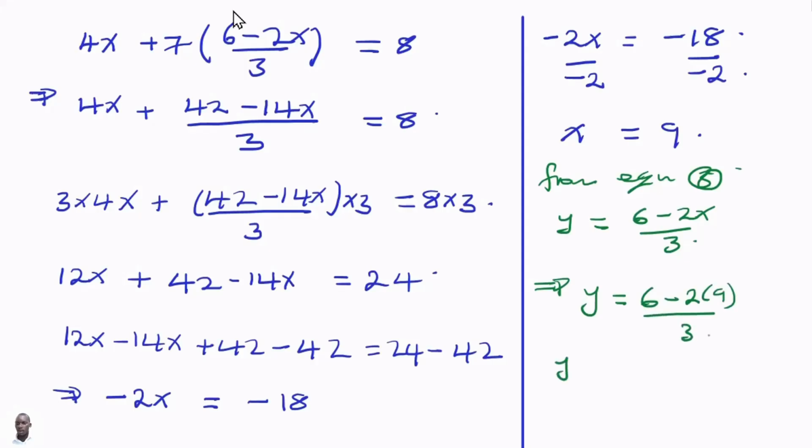So we have y equals (6 minus 2 multiplied by 9, we are getting 18) divided by 3. So our y equals 6 minus 18, we are getting negative 12 divided by 3. As we proceed, our y value equals negative 4.